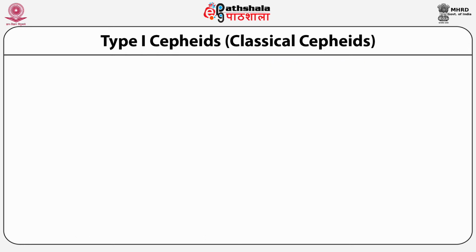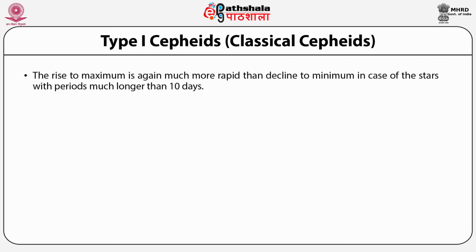Finally, the rise to maximum is again much more rapid than the decline to minimum in the case of stars with periods much longer than 10 days. This can be easily understood by critically analyzing the spectrum of the Cepheids.